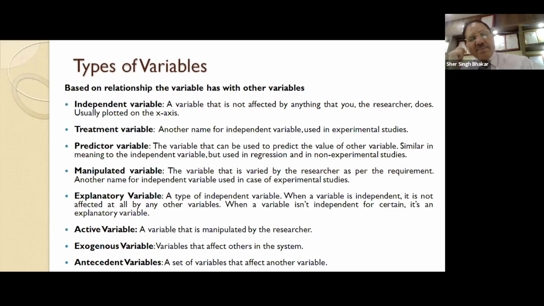So when multiple variables affect a dependent variable, we call them antecedent variables, right? When we use this term antecedent, a majority of the variables that affect that dependent variable should be included. That means we need to be careful using this term antecedent, right? So these are some of the variables that are used in relationship studies.